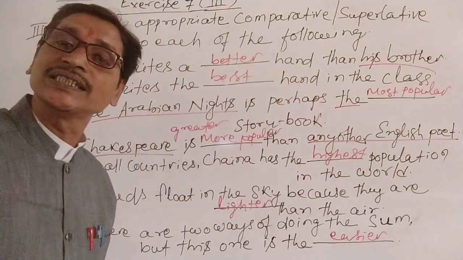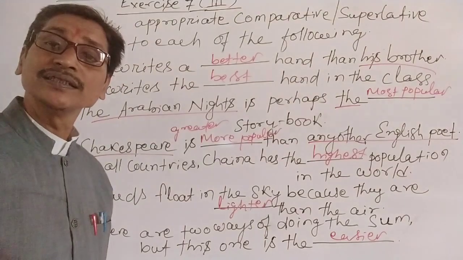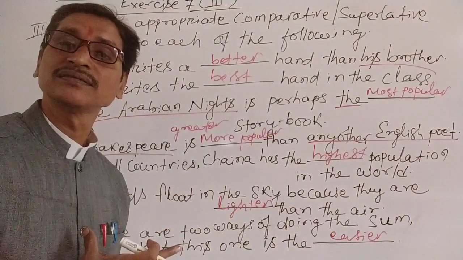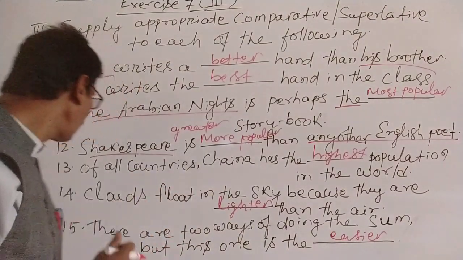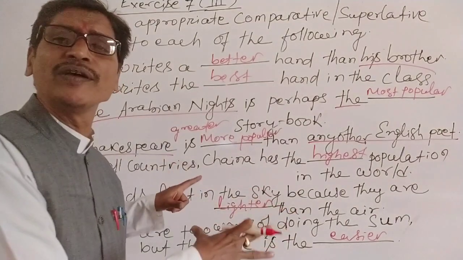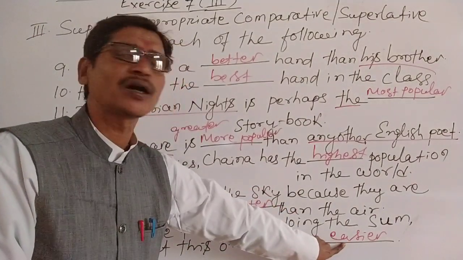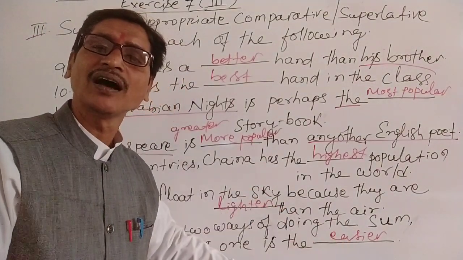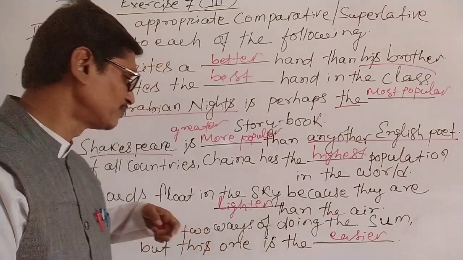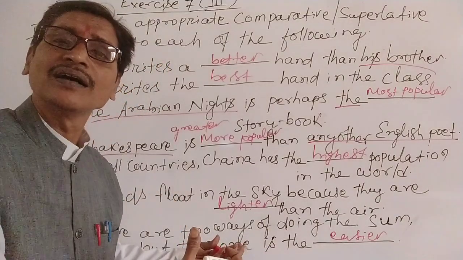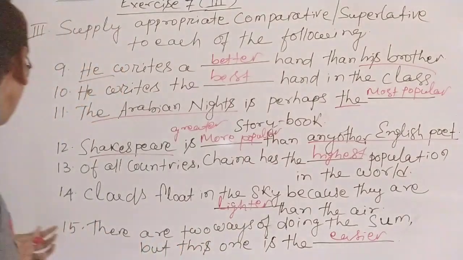This one is easier. Understand? This one is simpler. Understood? So what happens? We are comparing over here. Therefore, we have used a comparative degree. Easier or simpler also we can use over here.